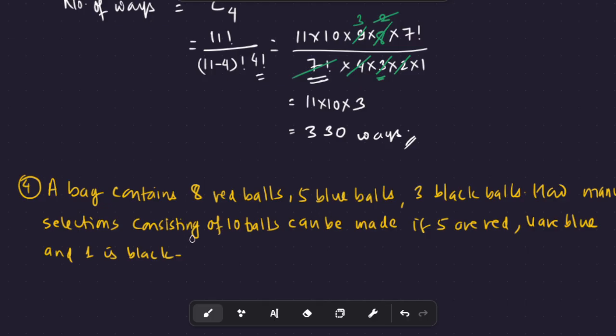How many selections consisting of 10 balls can be made if 5 are red, 4 are blue, and 1 is black?